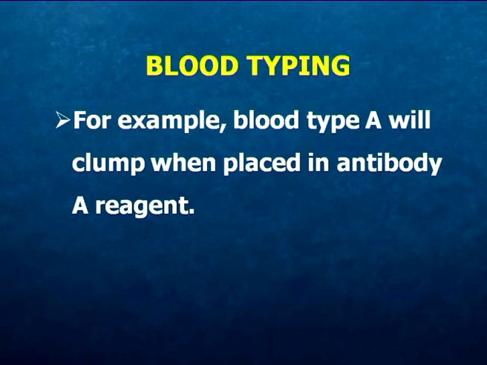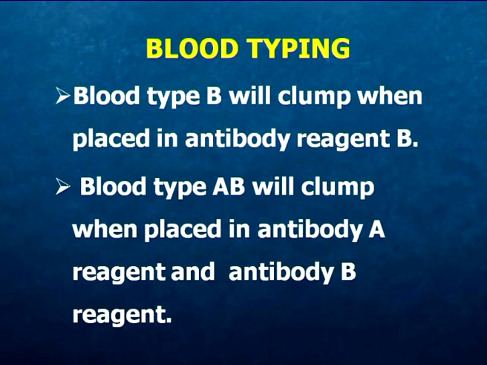For example, blood type A will clump when it is placed in antibody A reagent. Blood type B will clump when it is placed in antibody reagent B. Blood type AB will clump when placed in antibody A reagent and antibody B reagent, because it has both antigens.